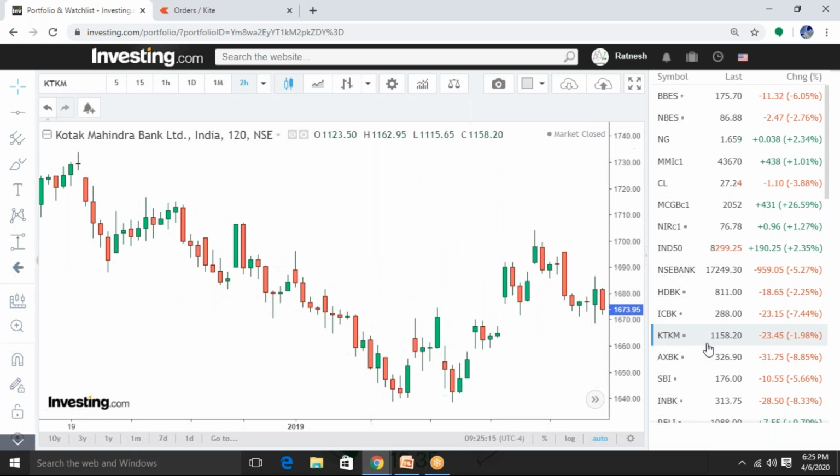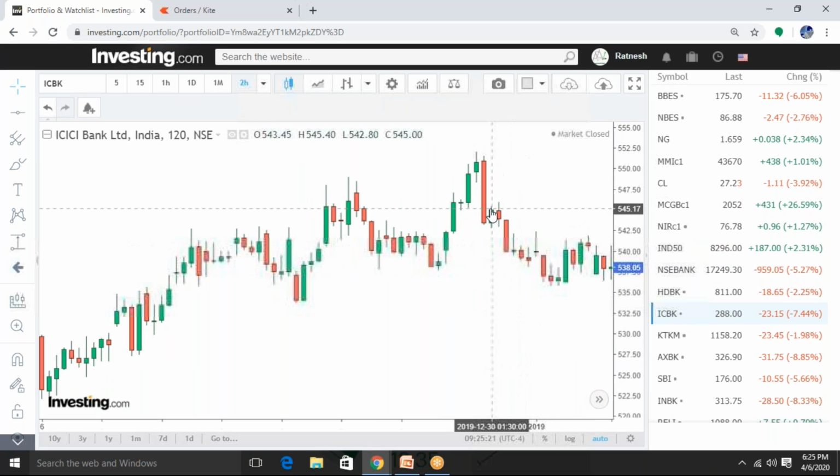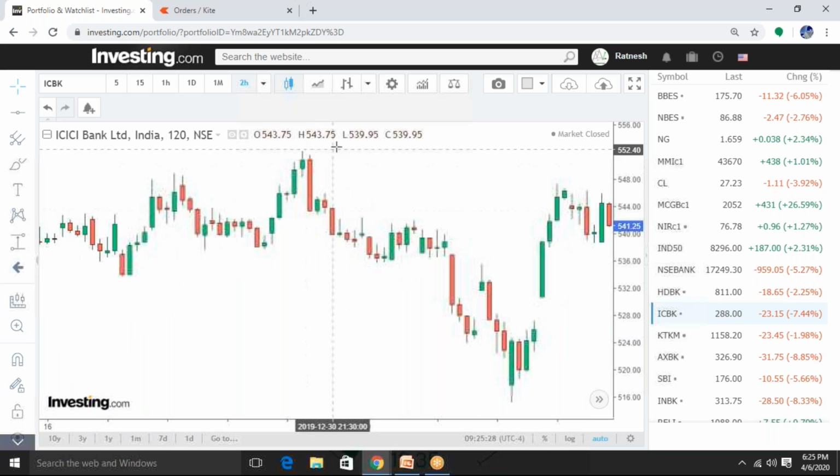More examples, let me find. There was one good example, ICICI Bank, I think. So see, this is a 2 hour chart of ICICI Bank. This is an engulfing pattern.